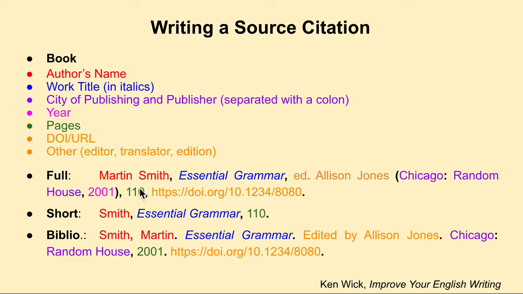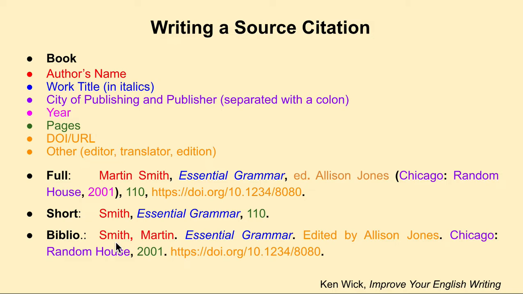So notice, or I think I said in a different video, that the full citation and the bibliography are very similar. The main 2 differences are that the publication details, or even the titles and things like that, are all separated with periods.